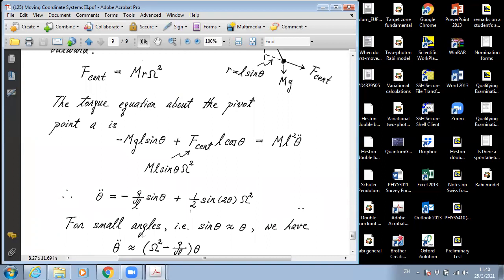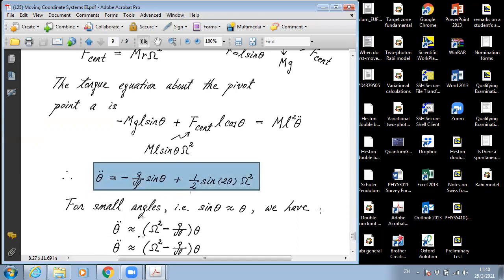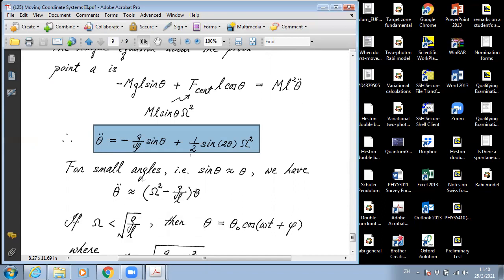So theta double dot is given by this expression. When theta is very small, sine theta can be approximated by theta. So we have a very nice expression. Theta double dot is equal to capital omega squared minus g over L times theta.